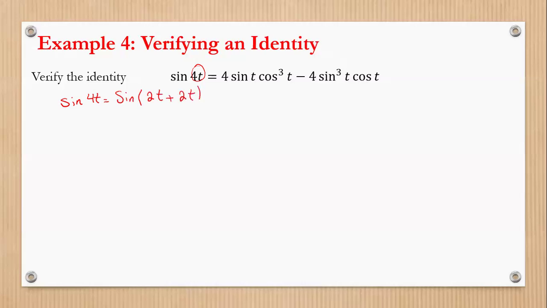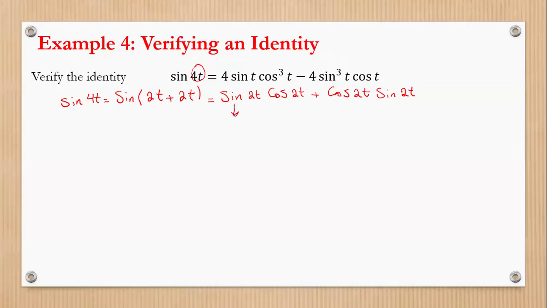Now I have two angles, and the sum of two angles has a formula. For the sine of the sum of two angles, we have the sine of the first angle times the cosine of the second angle plus the cosine of the first angle times the sine of the second angle. Now all of my angles are 2t, double angles, and I can replace formulas.